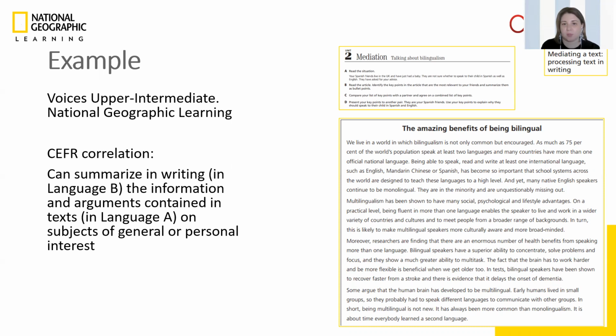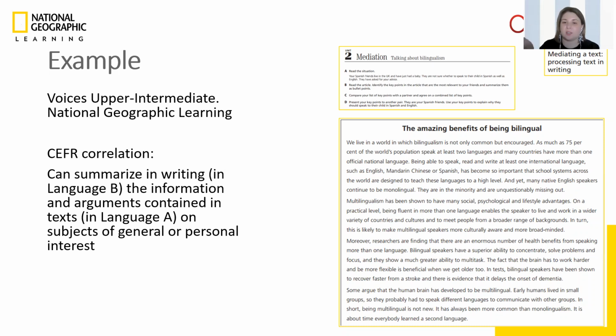So, the correlation to the Common European Framework of Reference. Students, having done this task, should be able to summarize in writing, in language B, the information and arguments contained in texts on subjects of general or personal interest. Here they say the information may be in language A in the text, and actually you can really experiment with this task.